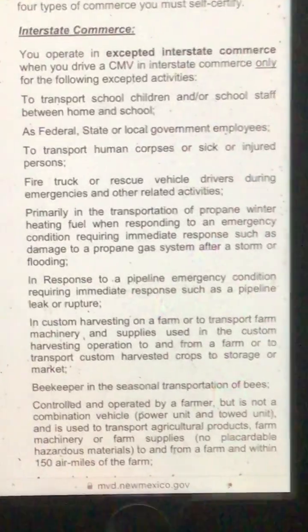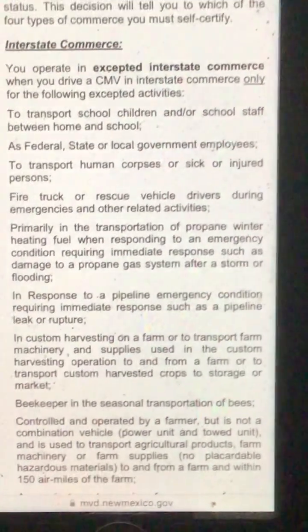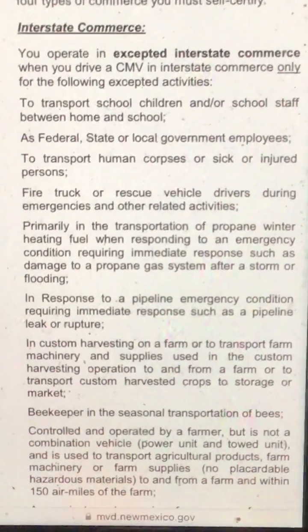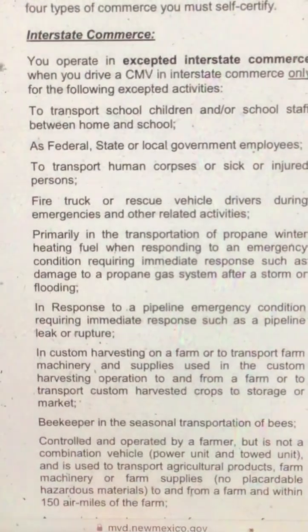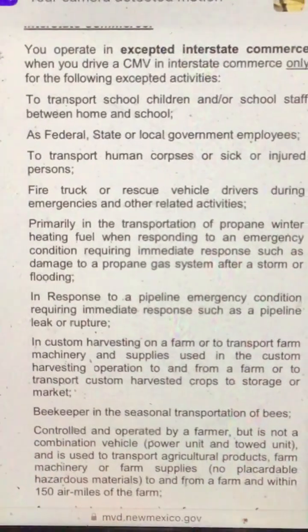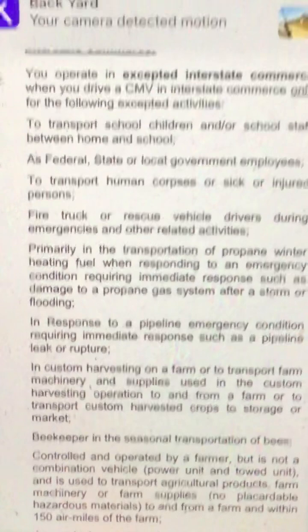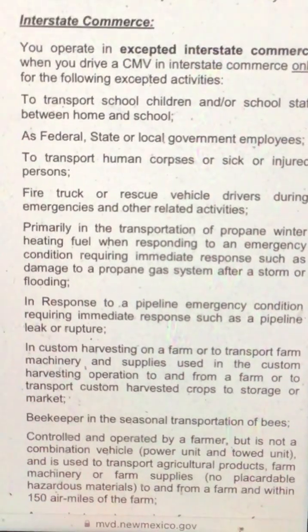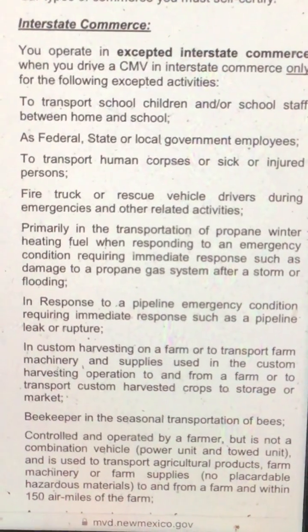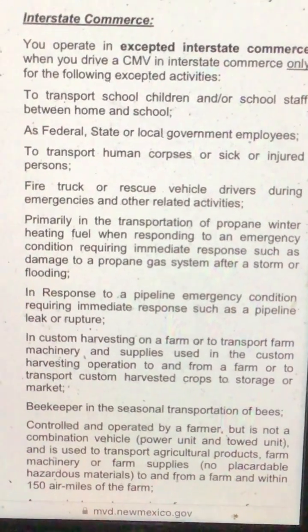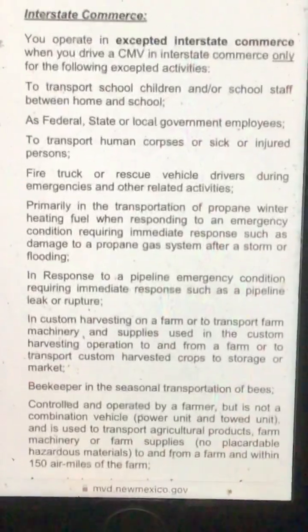In custom harvesting on a farm, or to transport farm machinery and supplies used in the custom harvesting operation to and from a farm, or to transport custom harvested crops to storage or market.